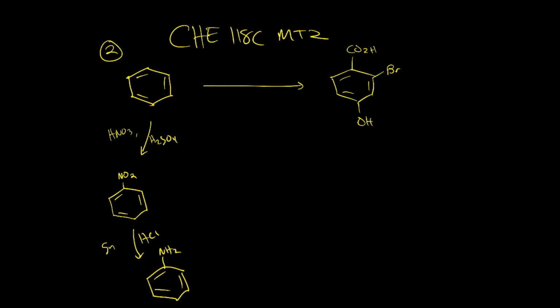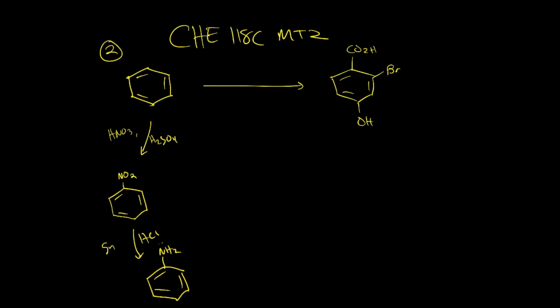Now I have NH2. NH2 is an ortho-para directing group. So I know I need to add an OH in the para spot, and I need to add a Br in the ortho spot. So let's see, which one are we going to do first? Are we going to put the OH in the para spot, or are we going to put the Br in the ortho spot?